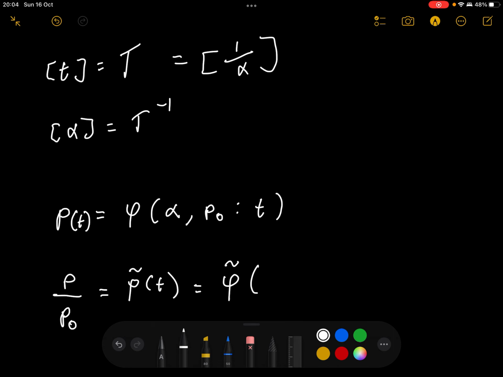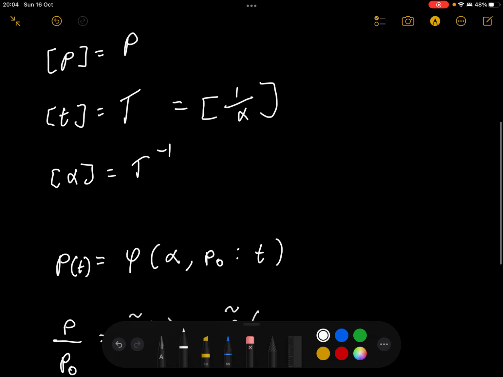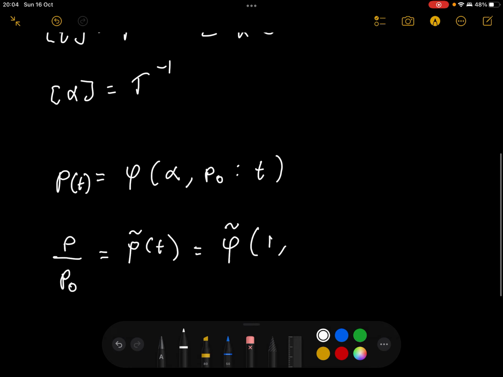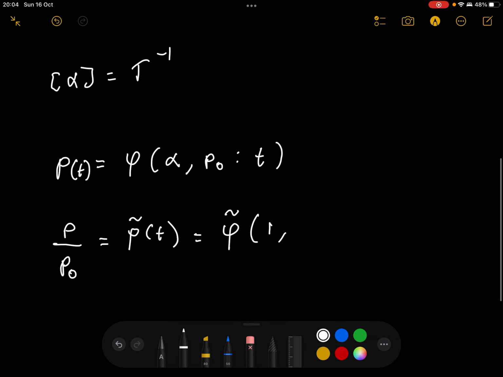So in the case of alpha, we're going to divide by alpha and we'll get 1. In the case of population, we're also going to divide through by population to get 1.